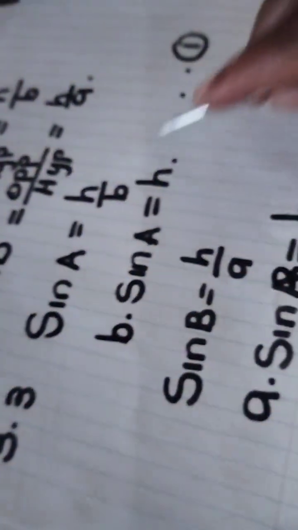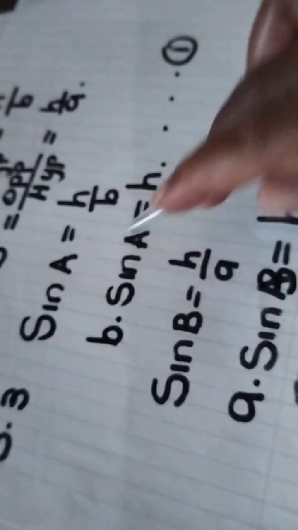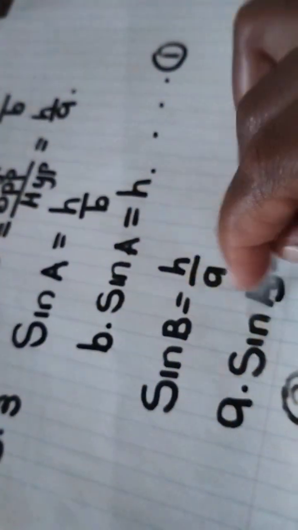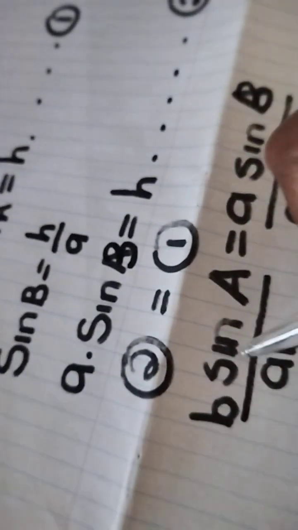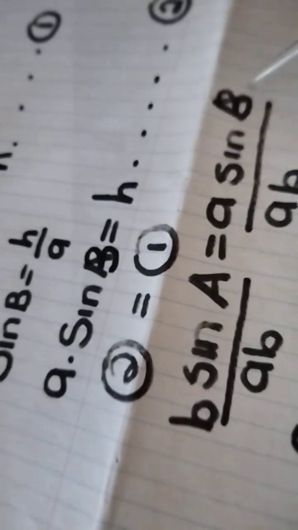Now, you can simply equate these two equations, equation 1 and equation 2, simply because these two are both equal to H. Now, equating, B sin A is equal to A sin B. What I do on the left hand side, I must also do on the right hand side.